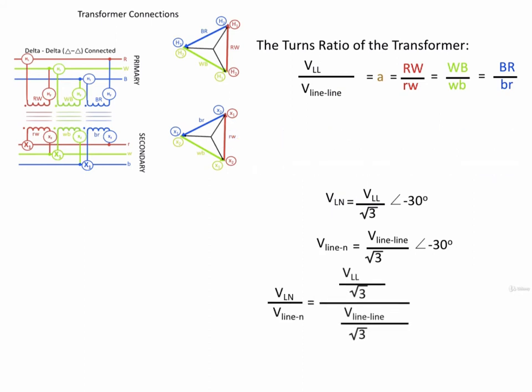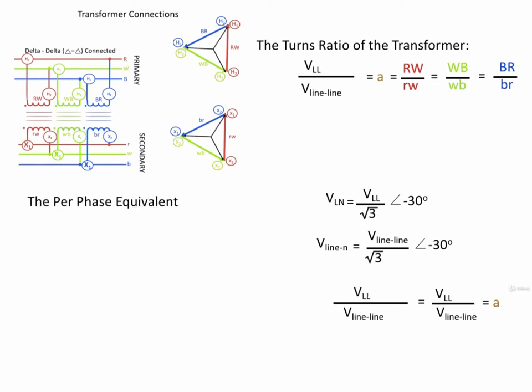So, again, we can use the phase relationships to come up with a turns ratio using the hypothetical phase to neutral voltages. Then write that phase to phase turns ratio in terms of a line to neutral voltage. We can now construct the per phase equivalent circuit using the hypothetical phase to neutral voltages.